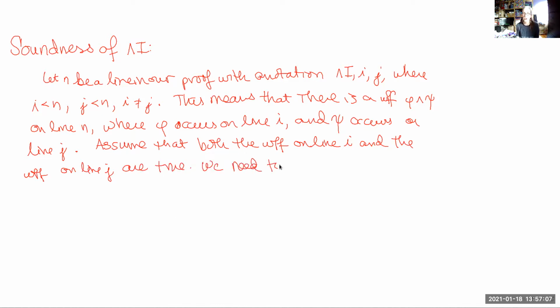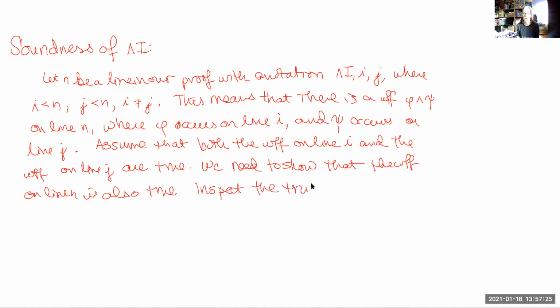We need to show that the well-formed formula on line n, the one that's justified by conjunction introduction, is also true. So what we do is we inspect the truth tables.